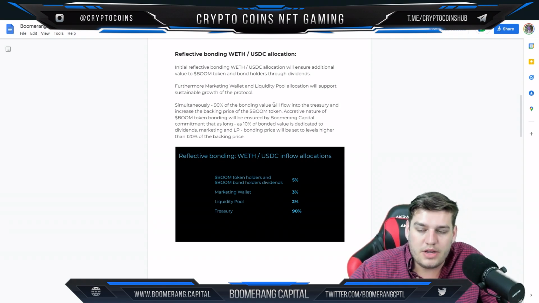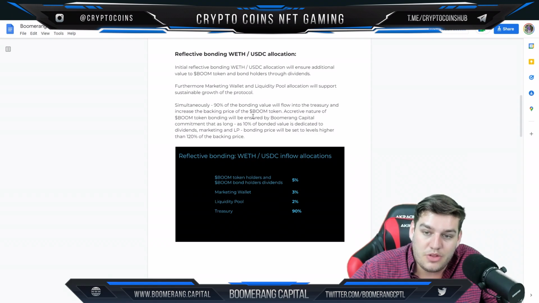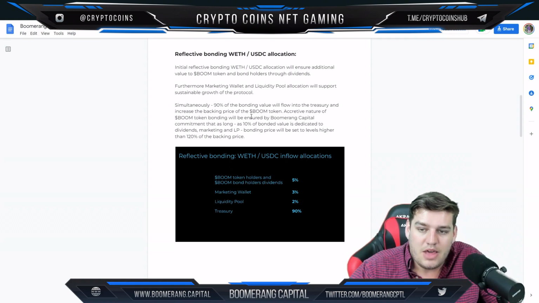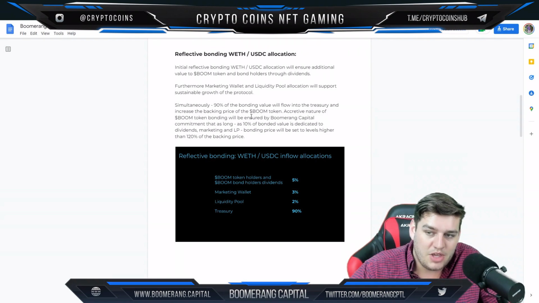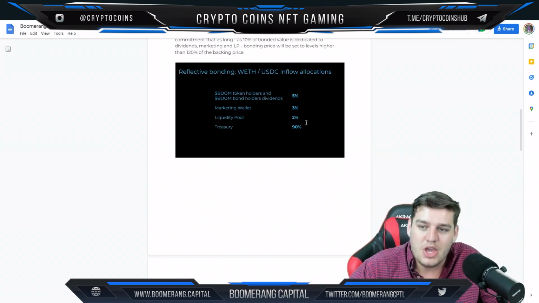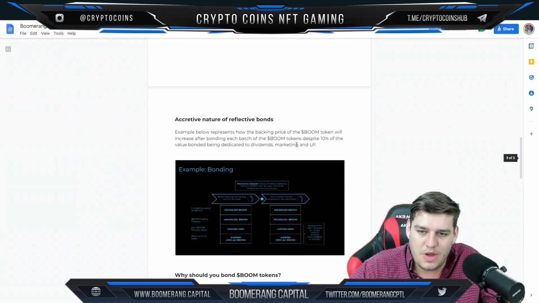Furthermore, marketing wallet and liquidity pool allocation will support sustainable growth of the protocol. Simultaneously, 90% of the bonding value will flow into the treasury and increase the backing price of the Boom token. The accretive nature of Boom token bonding will be ensured by Boomerang Capital's commitment that as long as 10% of bonding value is dedicated to dividends, marketing and LP, bonding price will be set to levels higher than 120% of the backing price. You can sort of see how it works right there as well.